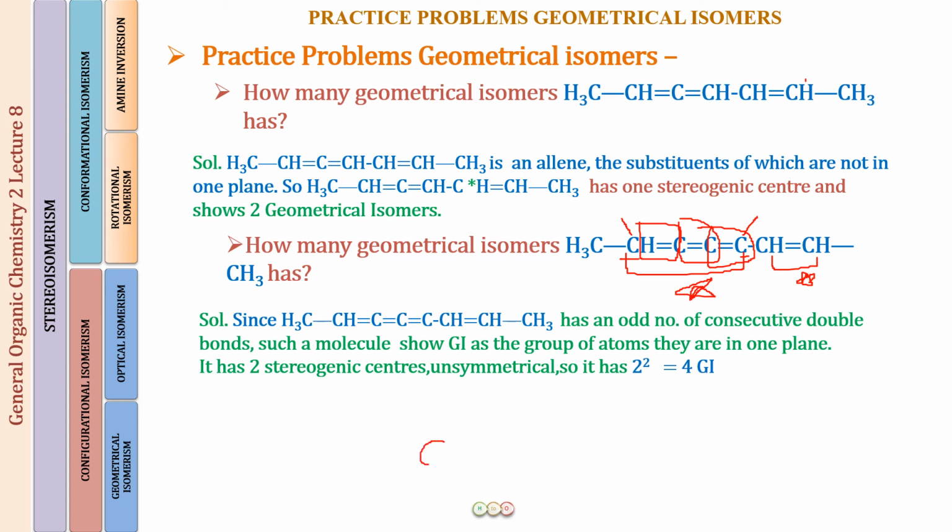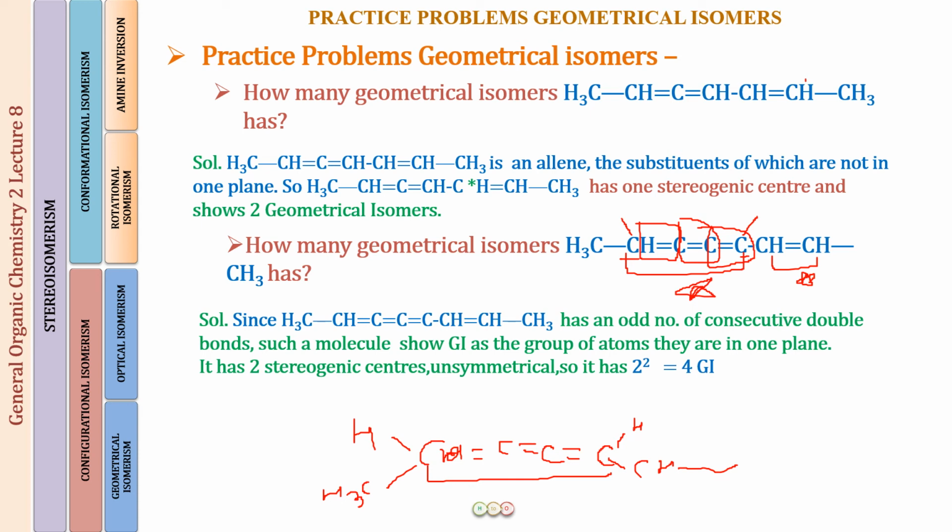Let me just elaborate the consecutive 3 bonds so that it is clear to you. So we are having this over here. So this will be one H and a CH and a double bond, etc., whatever is on this side. And here we will not write the H over here, so we will be writing an H and a CH3. So this in total is behaving as one continuous double bond, you can say.